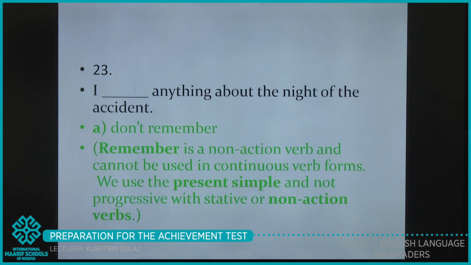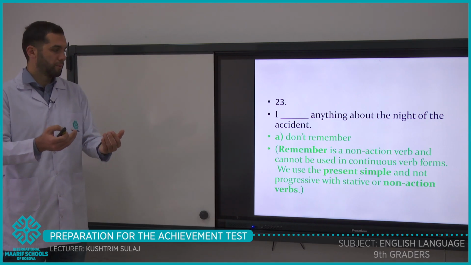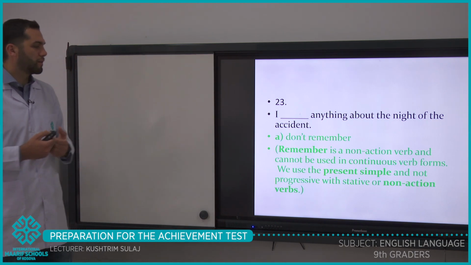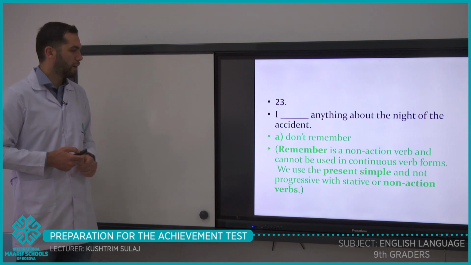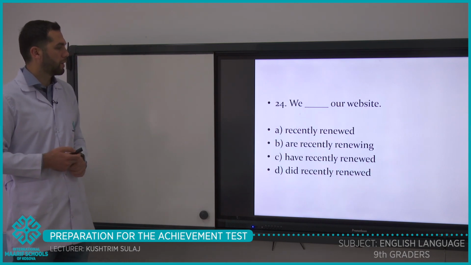So we stick with A, don't remember. As I said, remember is not an action verb and cannot be used in continuous verb forms. It's ill-formed. So we use the present simple and not progressive with stative or non-action verbs. I think I'm clear with that.